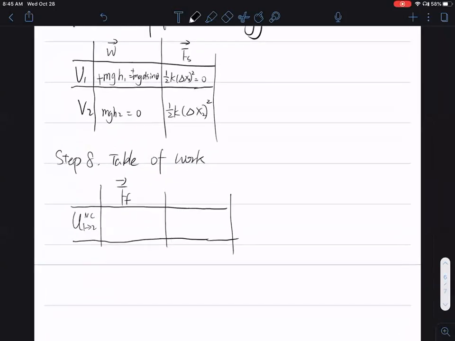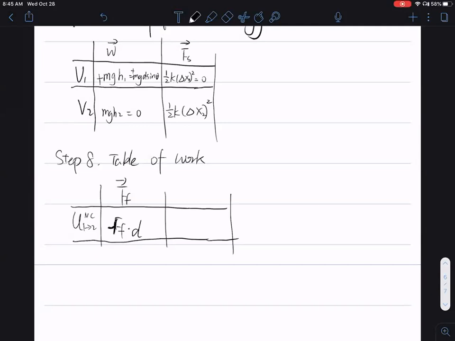And how do we calculate the work done by that friction? It's just friction force times the distance it traveled. In this case, it's just a straight line from 1 to 2. That distance is given as d. And keep in mind, the work done from friction force is always negative, so make sure you add a negative sign.